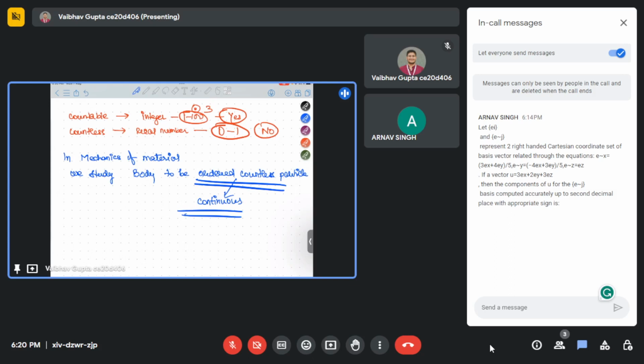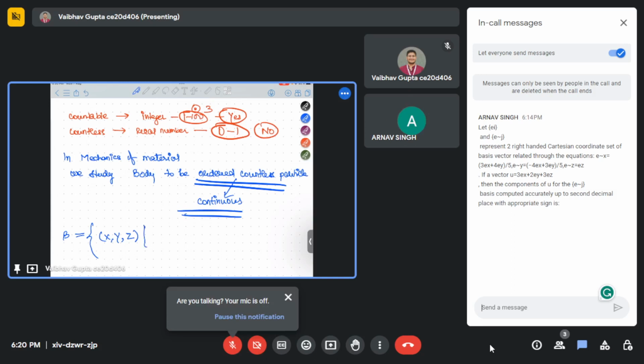So I'll give you some notation for how we define a body. Suppose a body is made up of X, Y, Z. Why am I always taking XYZ? Because to define a body, we need three coordinates, like up, down, right, left, top, bottom. That's why we always use XYZ.